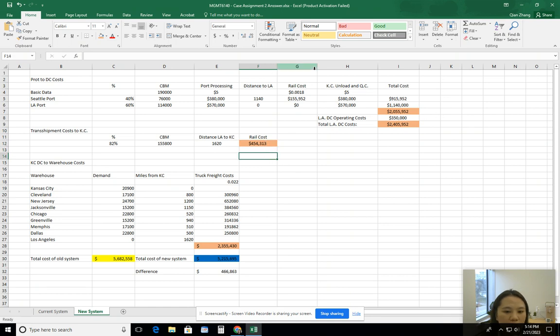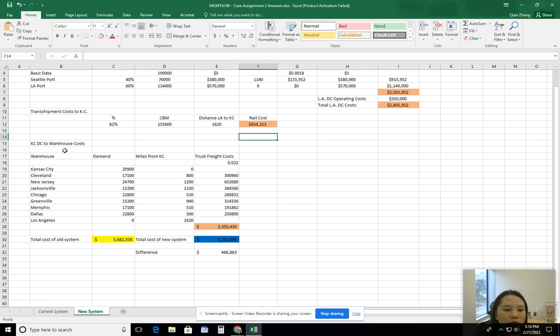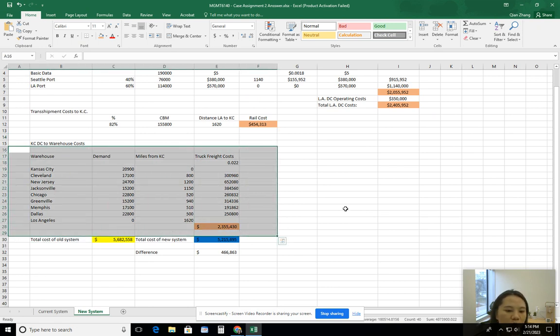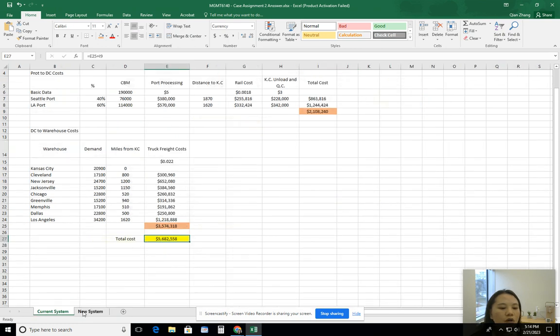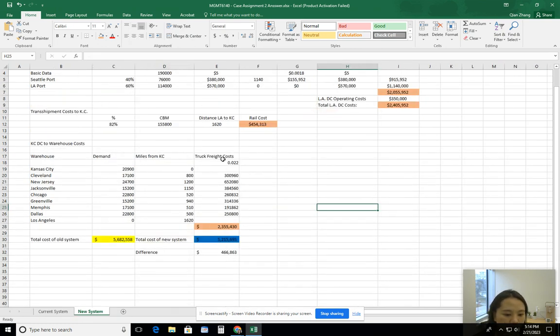And once you finish calculating the two costs here, then the rest of the cost you need to consider is actually the same as the current system. So we just calculate the truck cost. But now we don't have any Kansas truck cost, and we don't have any truck cost for Los Angeles either, because we have already stored the 18% over there.